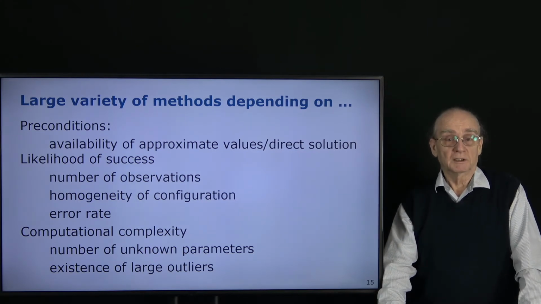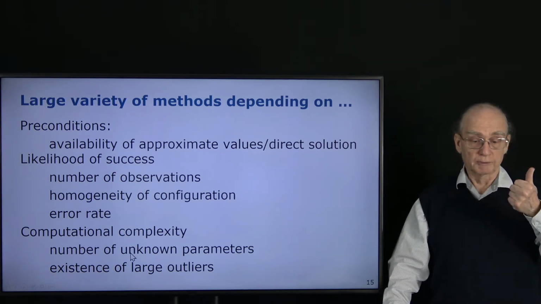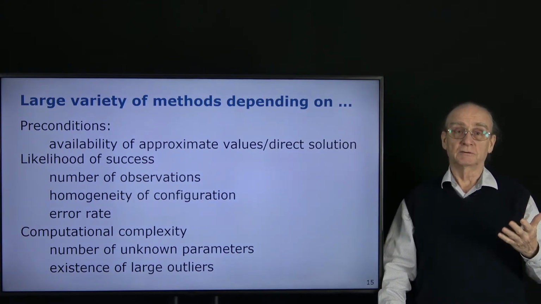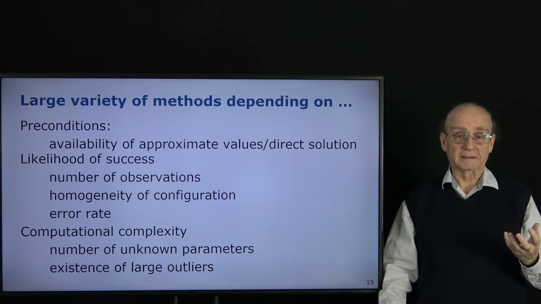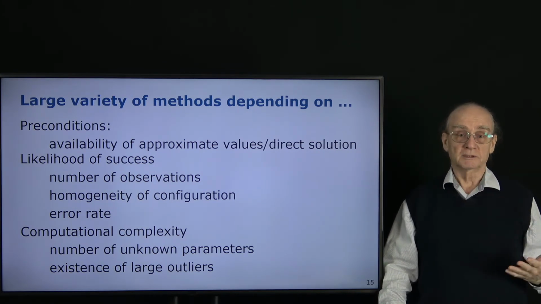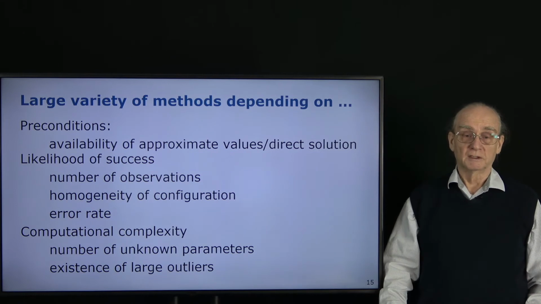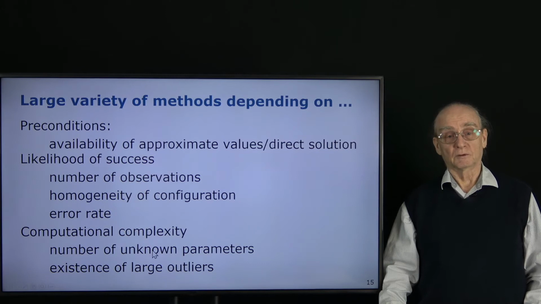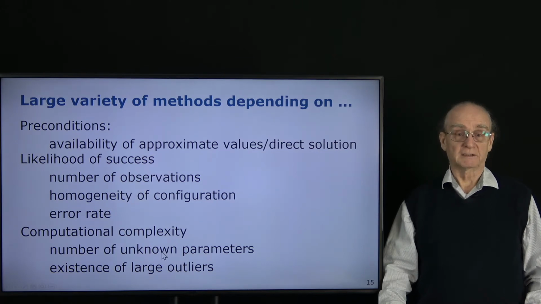And then, of course, we have the problem of how many unknown parameters you have. If you have only 1 parameter, like in the mean, or only 7 parameters, like in the similarity, you can imagine that things are not so complicated. But if you have an estimation process with, let's say, 1,000 parameters, things may be very complicated. And it may even not be possible to use certain techniques.